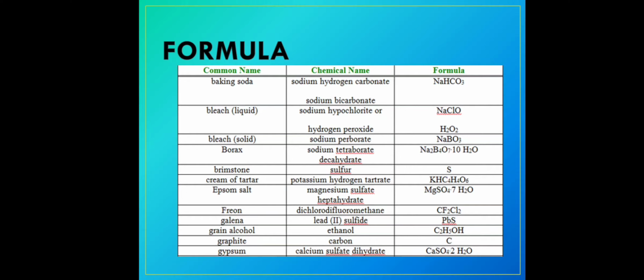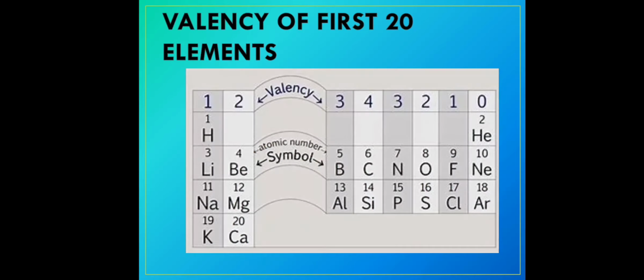There is such a small thing that you need to write. So when we learn to write the formulas of chemical compounds, the writing part reduces to a great extent. And that is the beauty of this chapter. We have some examples that you can see, the names and chemical names as well as their formulas.